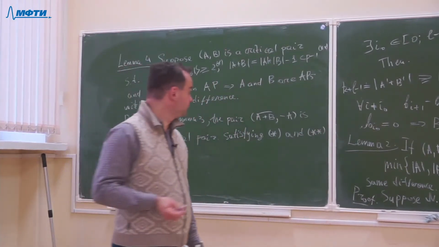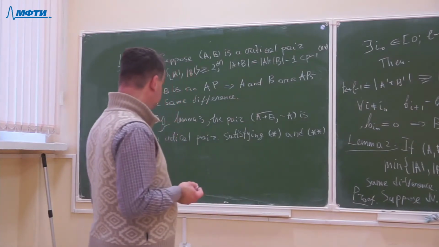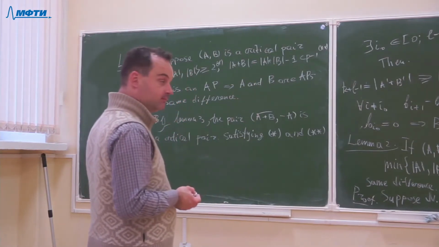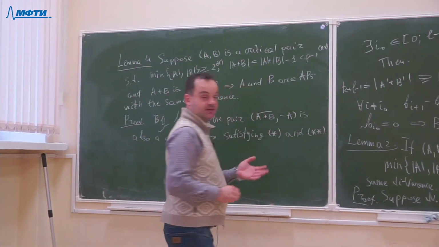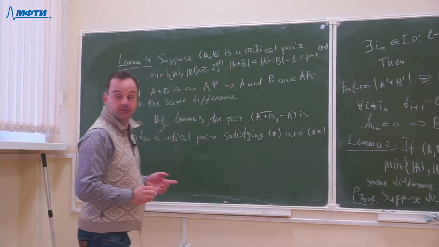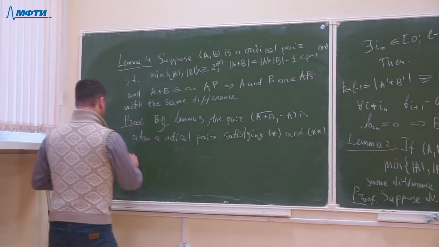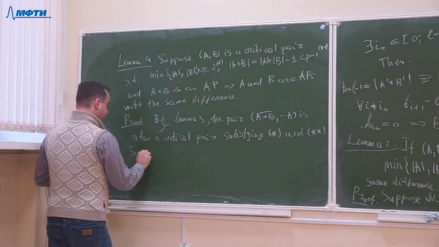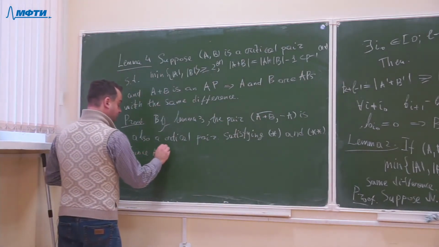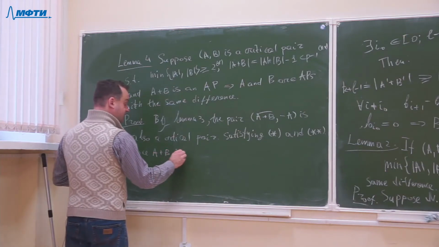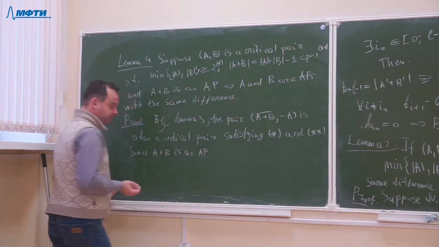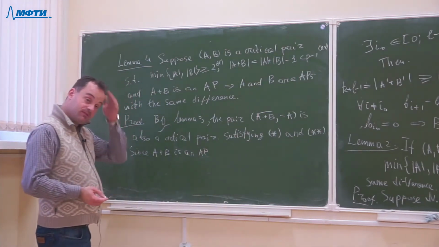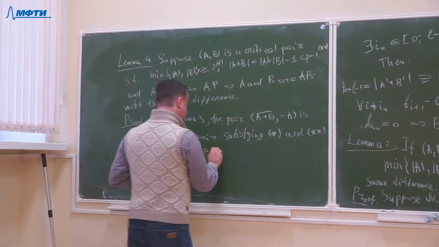Right. Well, we know that A plus B is an arithmetic progression, right? Since A plus B is an arithmetic progression, then the complement of A plus B is also an arithmetic progression, right?